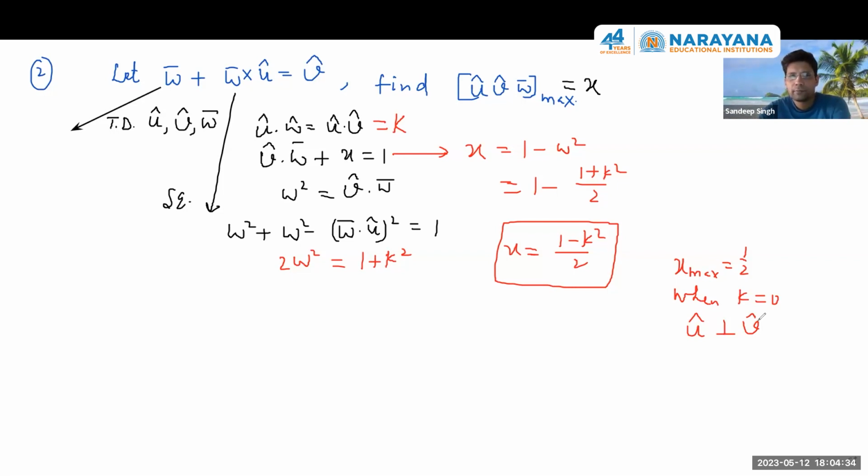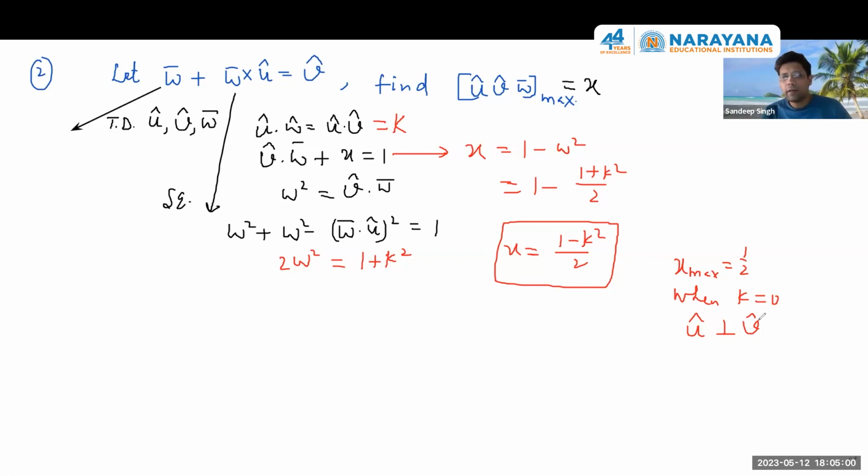Please check, when u and v are mutually perpendicular. So in that case, can you obtain w? Yes. Or in other words, can I obtain w in terms of u and v? Suppose this is the problem which JEE asked in 1999.